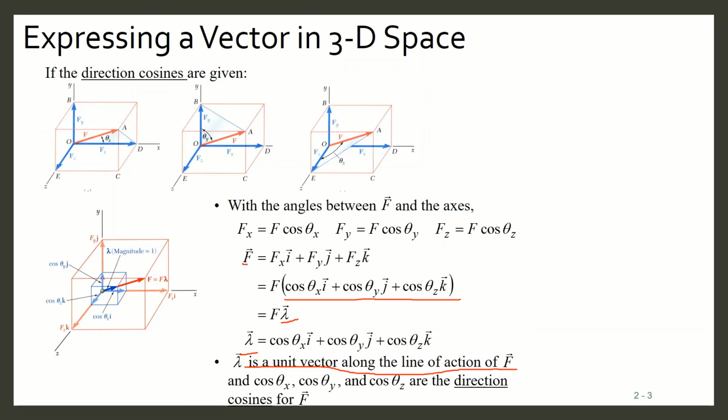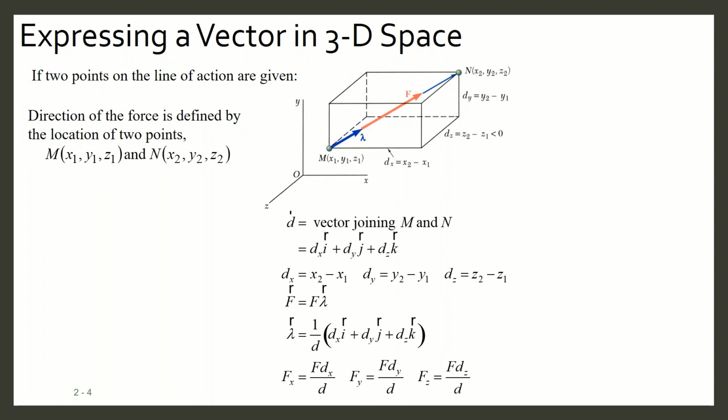In the same way, lambda is also a unit vector, but its direction is the line of action of F. And these cos theta x, cos theta y, and cos theta z are the direction cosines for F. You will understand it more clearly when we solve some problems. Okay, let us move on.